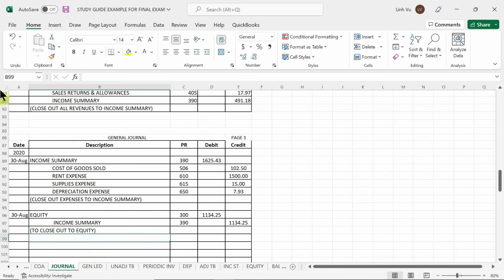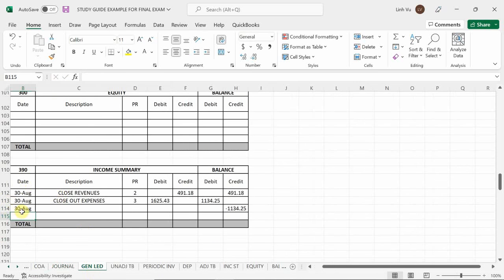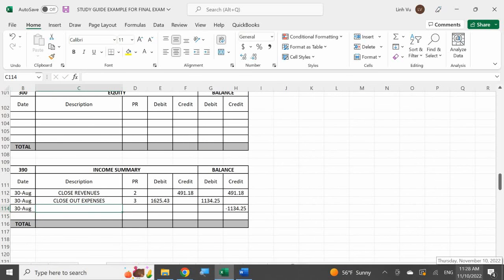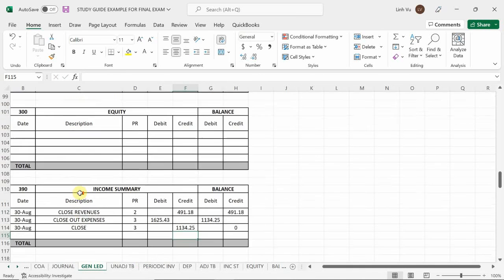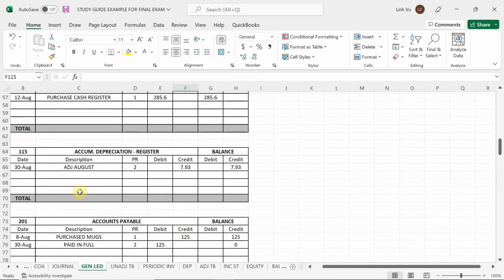And that's where you're going to finish up your ledger here. You're going to credit this because you're going to close out your income summary on page 3 for the credit balance of 1134.25, which will give you a 0 balance. And therefore, you're going to debit your equity.